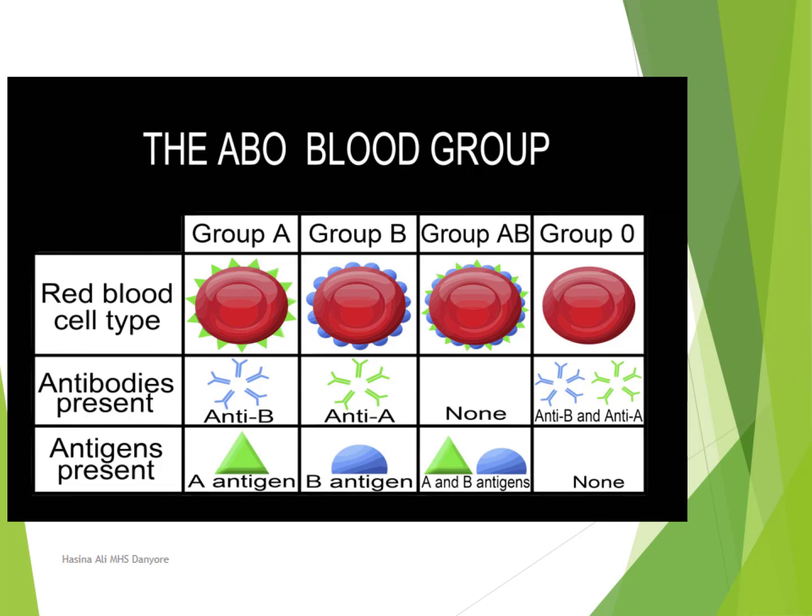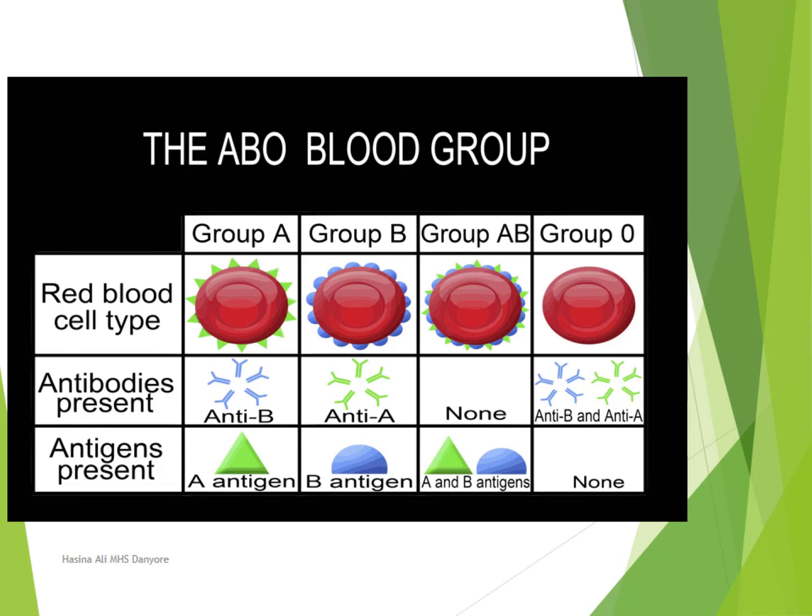So dear students, in this diagram there is a presence of antigen on the surface of red blood cell. The red blood cells contain some antigen on the basis of which the blood group is determined. For example, in blood group A, antigen A is present, whereas in plasma, antibody B is present.